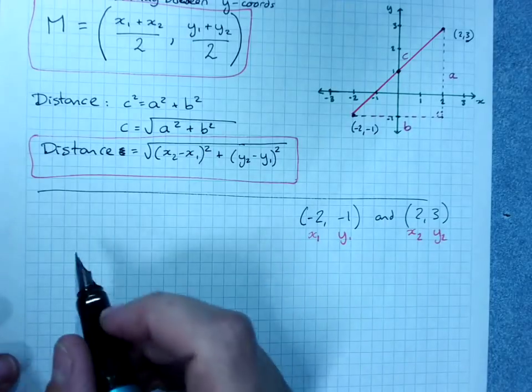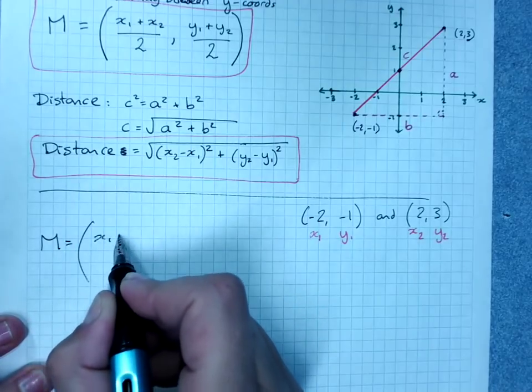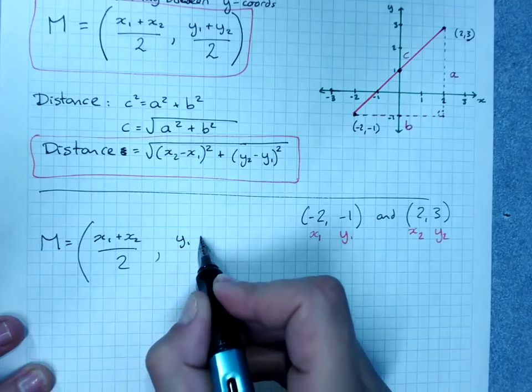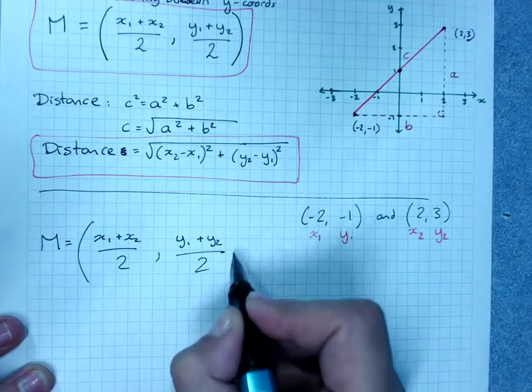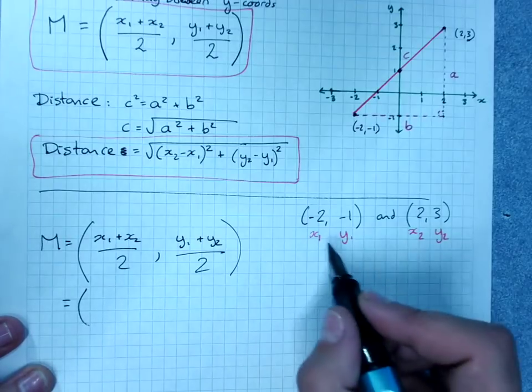Write your formula. Midpoint is brackets x1 plus x2 over 2, comma, y1 plus y2 over 2, close brackets. Substitute your values.